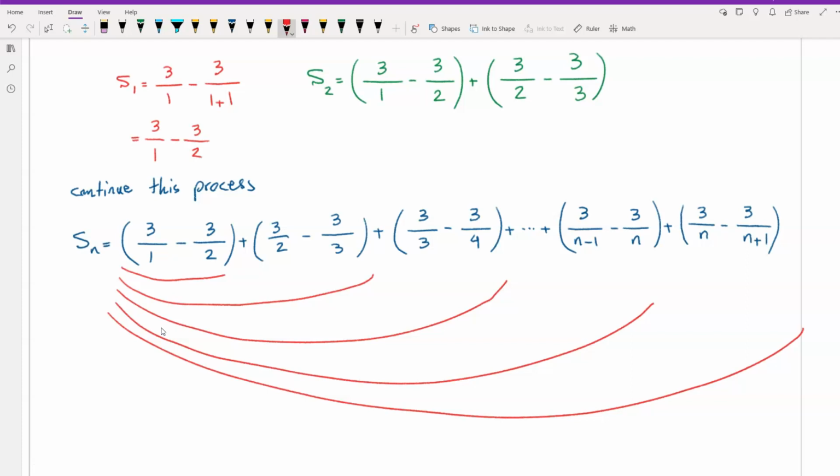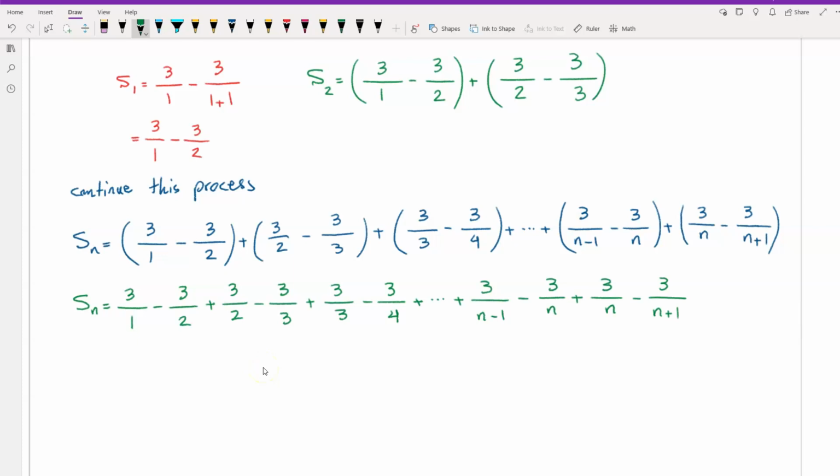So on top, for all of these, we have 3, and in the denominator we have 1, add 1 we have 2, we have 2, add 1 we have 3, again use that one. Here on this part we have 3, and then add 1 we have 4, and here for s of n minus 1, starting what we have is n minus 1, and then add 1 we have n, use that. Here on this part we have n, then add 1, we're going to have n plus 1.